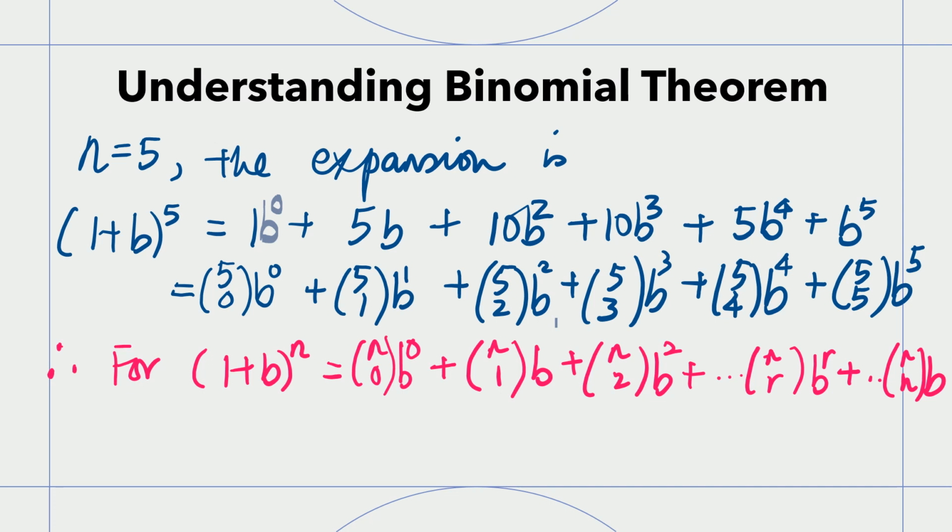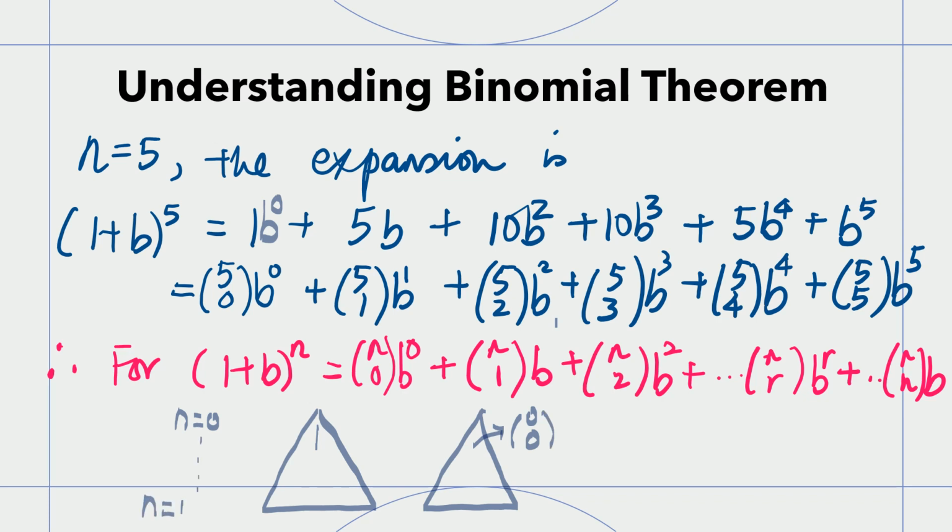Okay, and from the earlier slides, the two triangles, if you were to recall, when n is equal to 0, the binomial coefficient is 1, and using the combinations formula, you can actually write it as 0, 0, and then when n is equal to 5, you would have 1, 5, 10, so on and so forth.